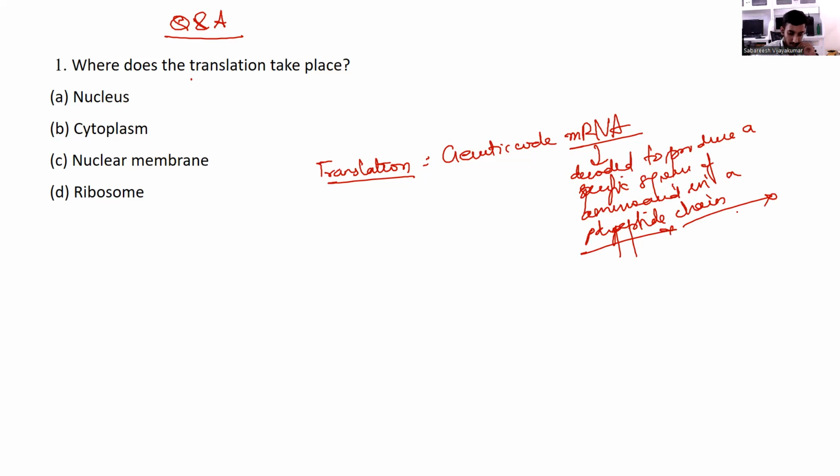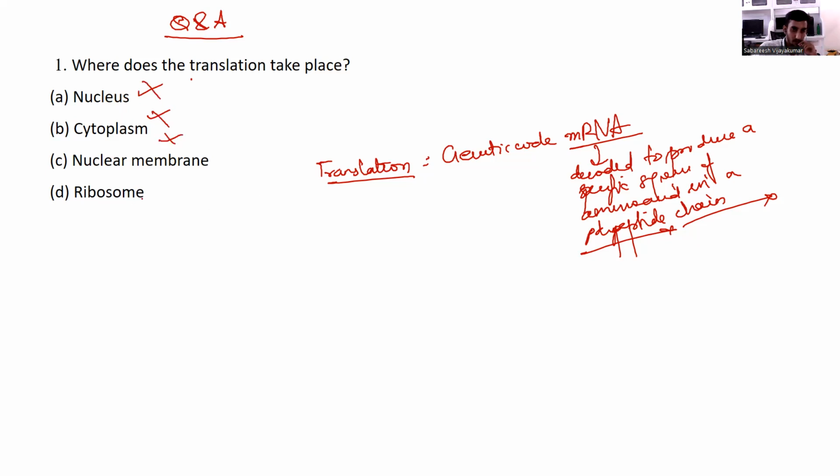So where does it occur actually? The options given are nucleus, cytoplasm, nuclear membrane.